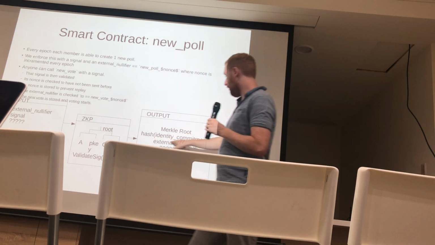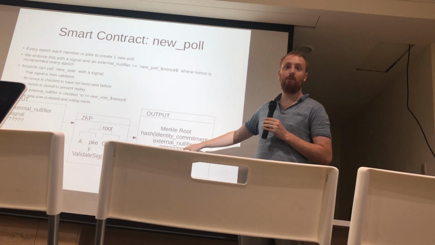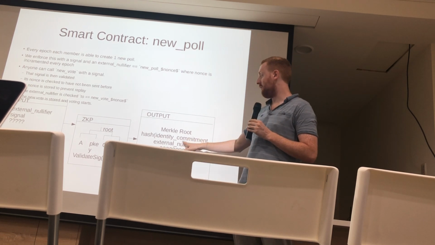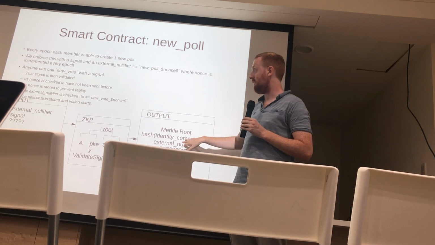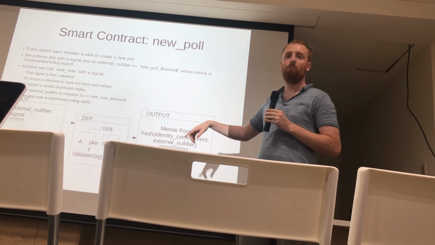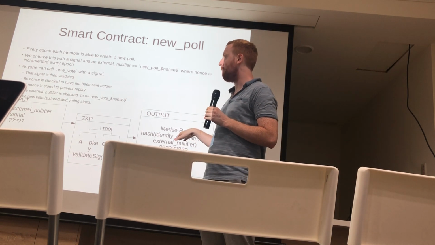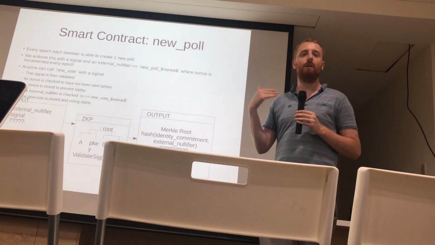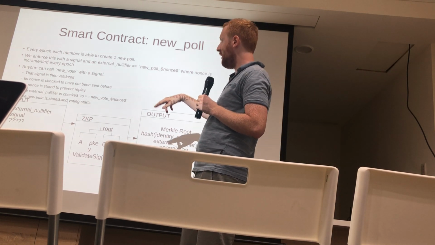This is the nullifier right here, the hash of the identity commitment plus the external nullifier. Every time we update the external nullifier, this becomes something new and different. So we need to check that this wasn't used before. When we confirm it wasn't used before, then we save it so that it can't be used again in the future.